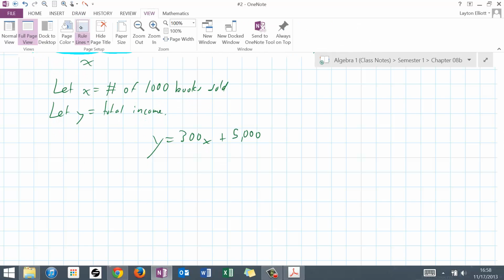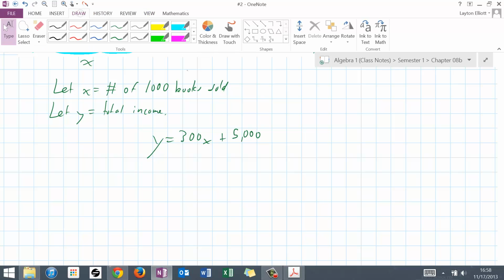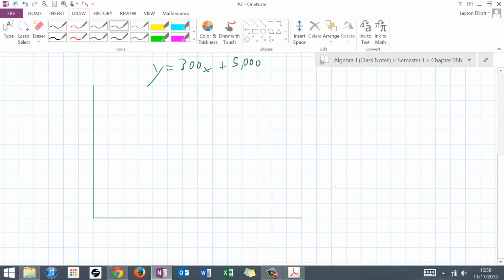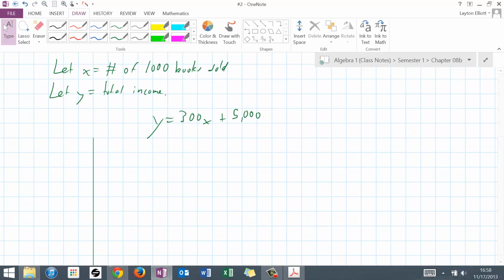We can turn the grid line back on, and like before, we're going to do a first quadrant graph. I'm going to err on the side of making this bigger. And then I'm going to do just a simple t-chart off here just to make sure we get the first few values going. When x is 0, y is 5,000.